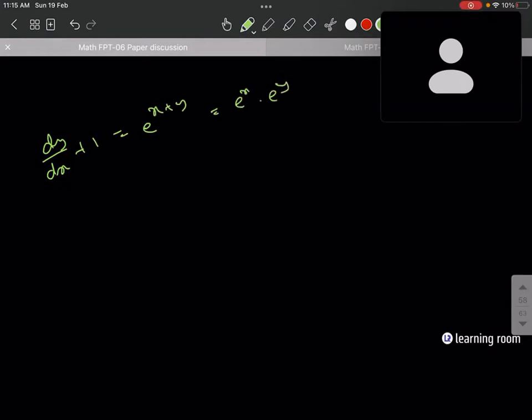Bring the e power y this side. So you will have dy by e power y plus 1 by e power y is equal to... Oh, but one problem you will have is you will have a dx here, but e power y. So you can't actually solve it. So that is why we had to convert it to that form.